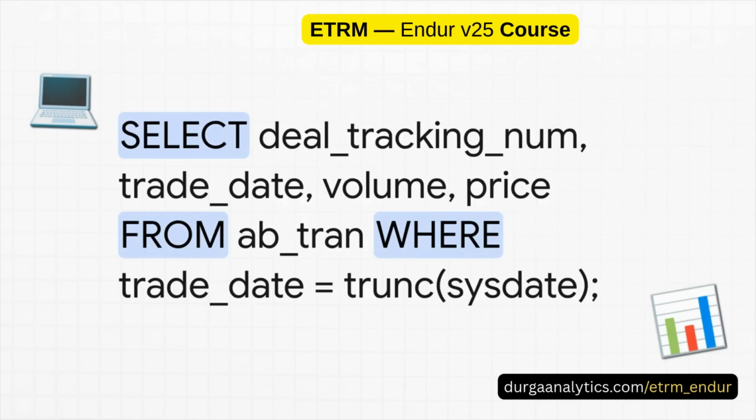It's a simple query against the AB-Tran table, which, by the way, is the massive central transaction table in Endure, where pretty much every economic event is stored. This pulls the key details for all the trades that were booked today. This kind of direct database access is a fundamental skill for anyone in a support, reporting, or data analytics role.